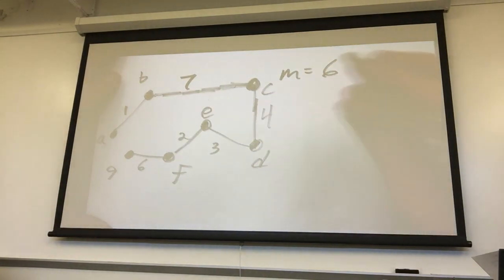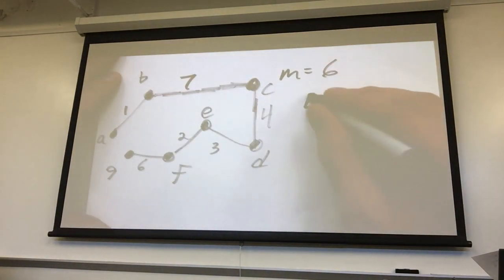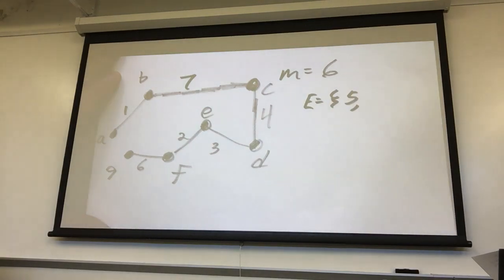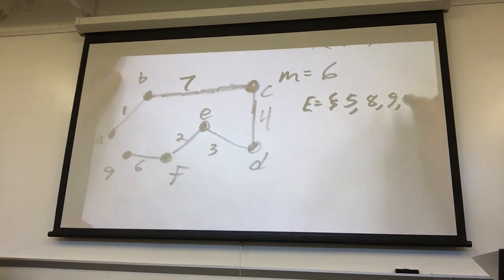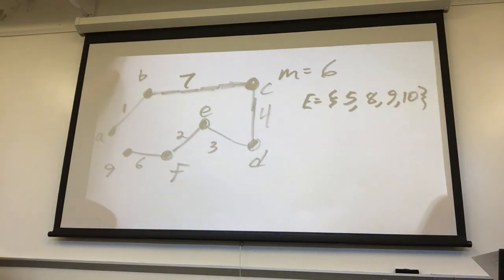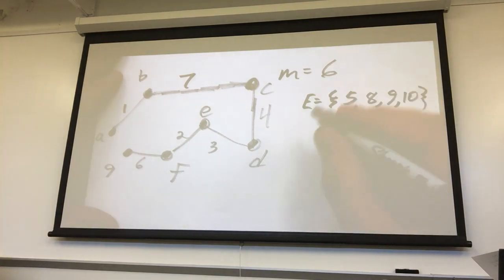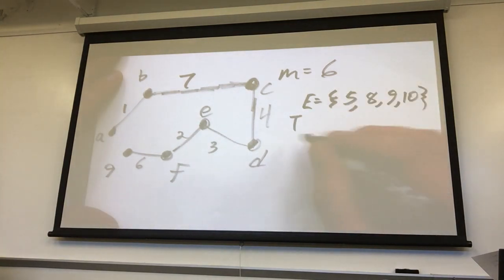Okay? And so our set E upon that point would not include, what's not included is in our minimal spanning tree, which would be 5, 8, 9, and 10. Okay.